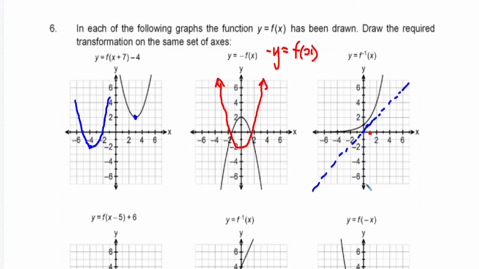The inverse will have a vertical asymptote of x equals 0. This is actually a log graph that I'm drawing here, and the other one was an exponential graph. I want to draw your attention to that point. It was 2, 4. Swap 2, 4 around, you get 4, 2. It's going to go somewhere like that. And what you should be seeing is a reflection around this blue line, y equals x. All right. A function and its inverse are always reflections of one another around that line y equals x.